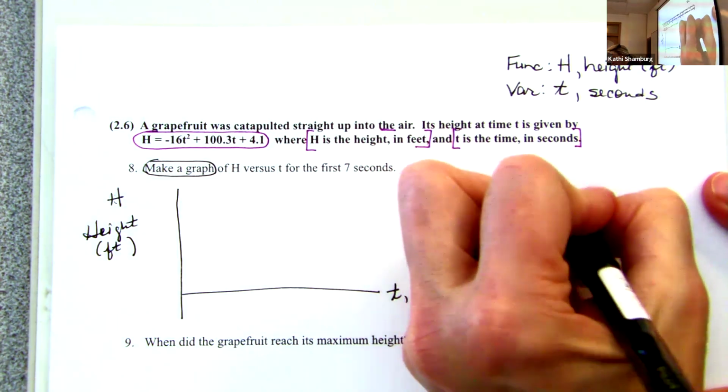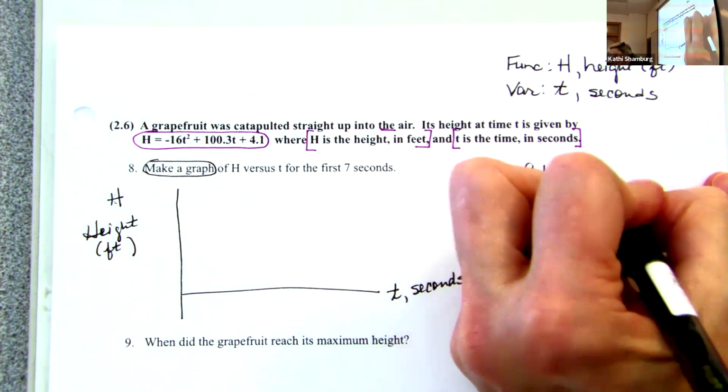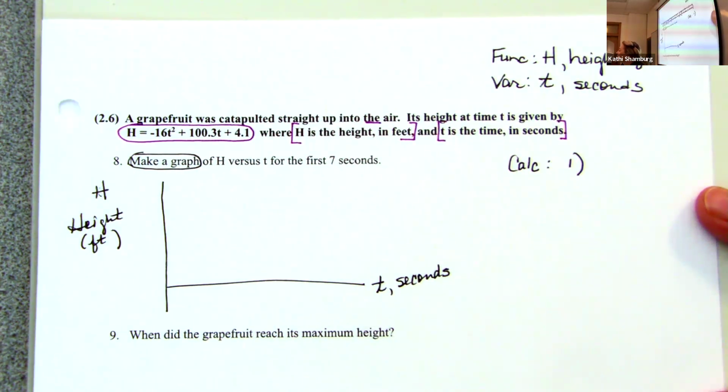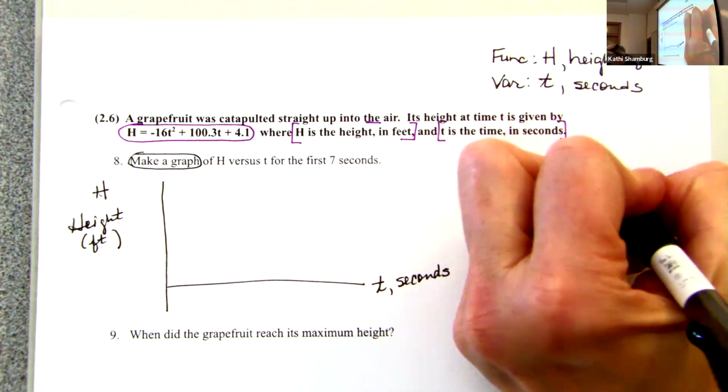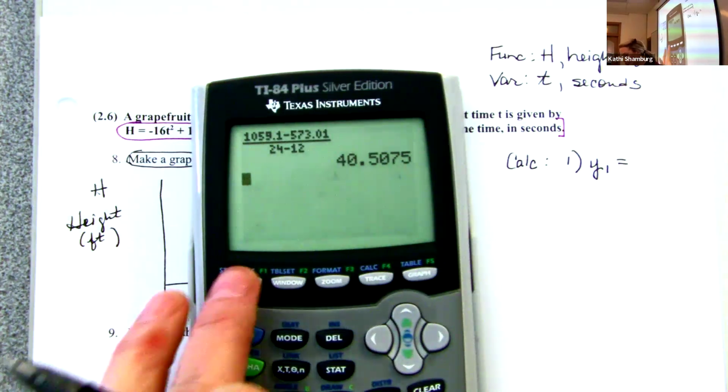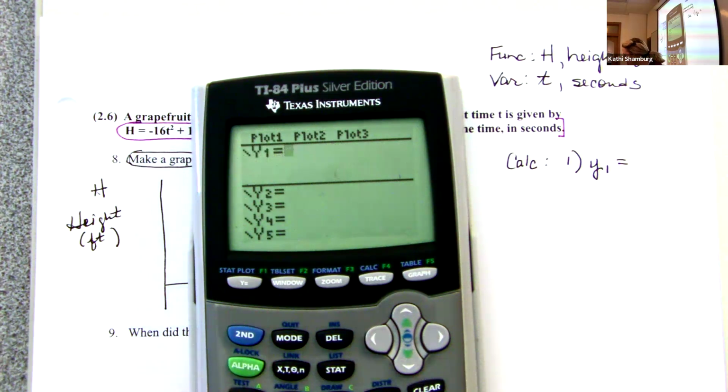So in your calculator, what's step 1? Y1. We're given an equation, so I'm going to go do that first. Which means I'm going to clear out what I've got. Negative 16x squared plus 100.3x plus 4.1.